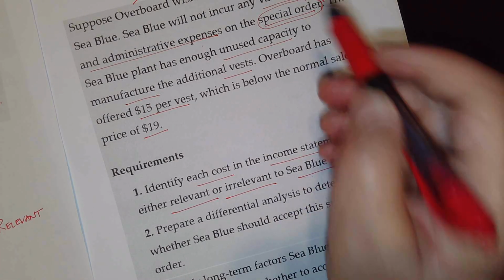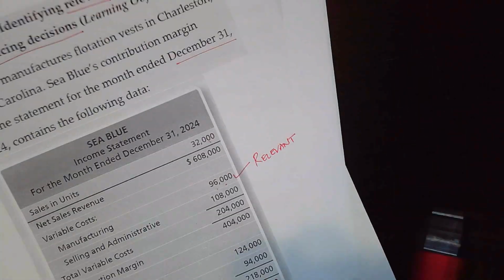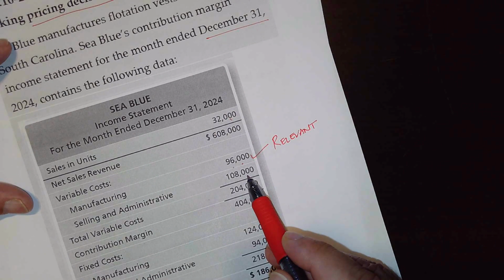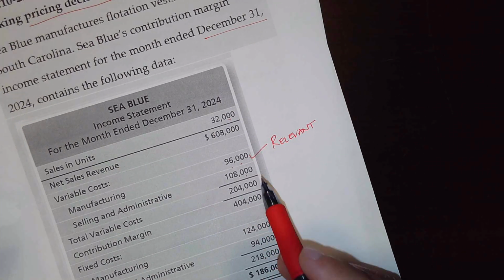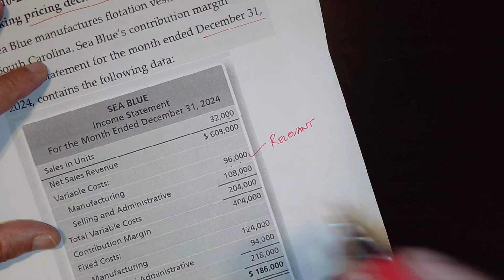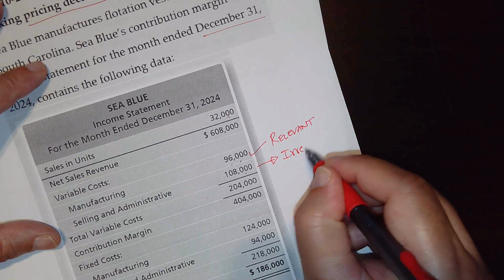It says the variable selling and administrative expense will not be incurred. That means this selling and administrative expense, $108,000, will not go up or down, so it's irrelevant in our decision making.